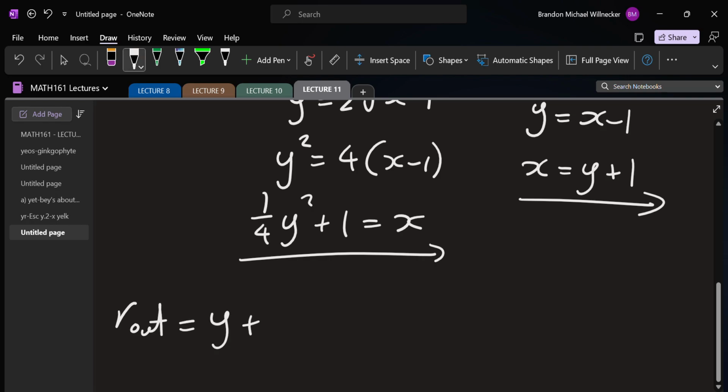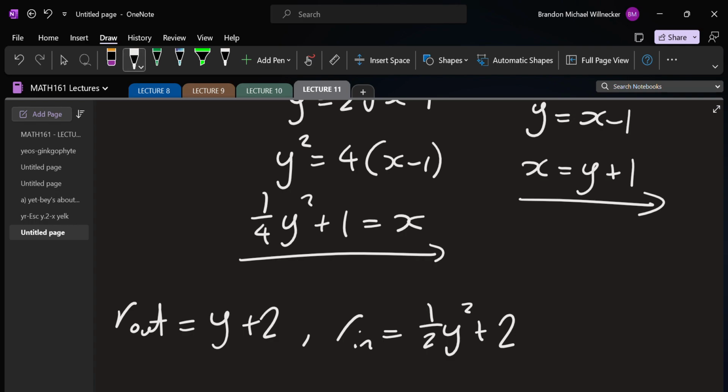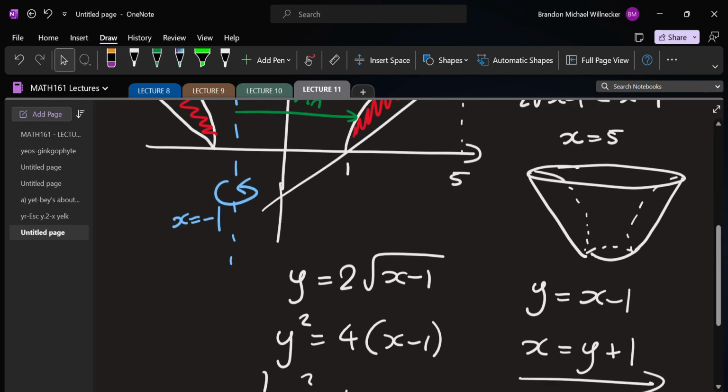Same thing for r out. We need to add 1 because of that extra distance to the axis. So we end up with r out is equal to y plus 2, and r in is going to be 1/4 y squared plus 2.